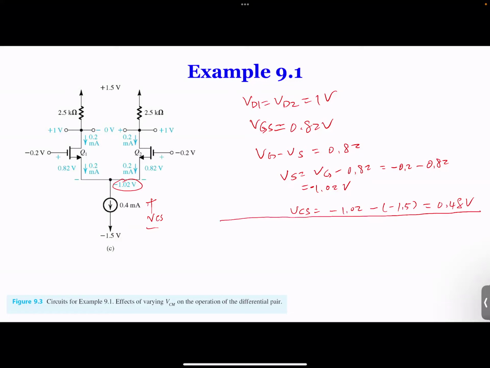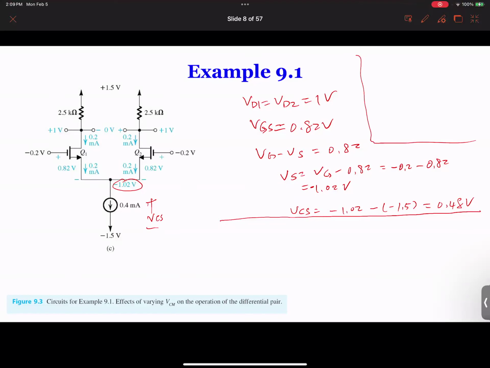But here, I just want to go a little bit a step further, because we assume the thing is in saturation, so we want to find out when this thing would come out of saturation, such that we're no longer able to use it as an amplifier. Well, since we know the equation here, I want to write it using a different color. We know that VGS has to be larger than VT.